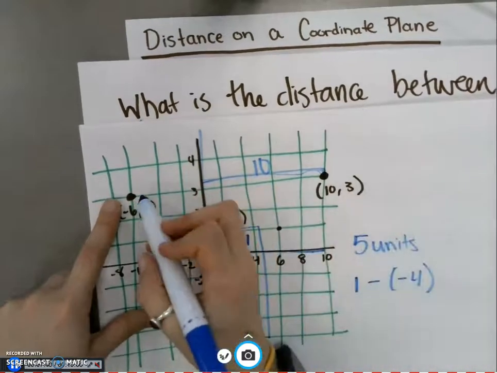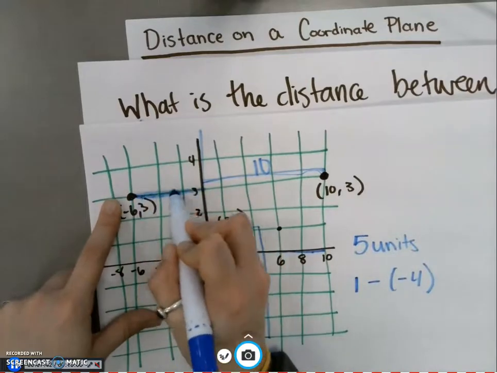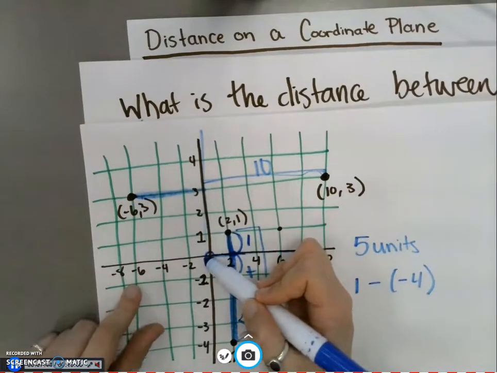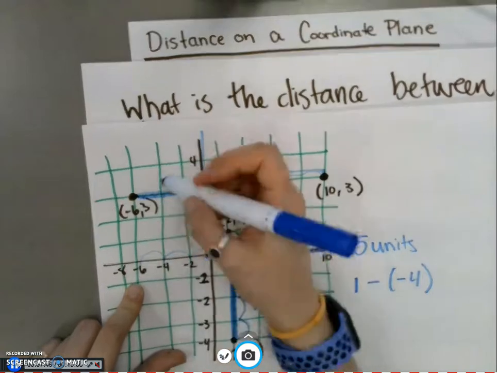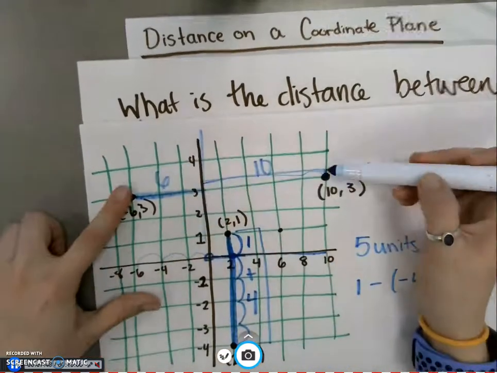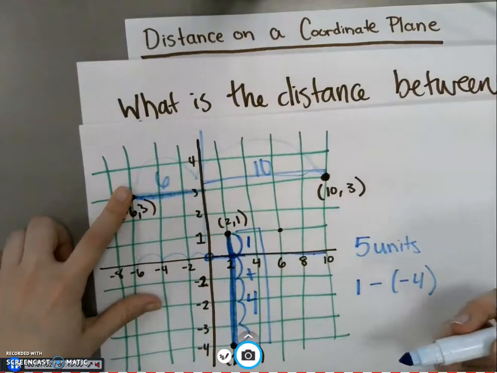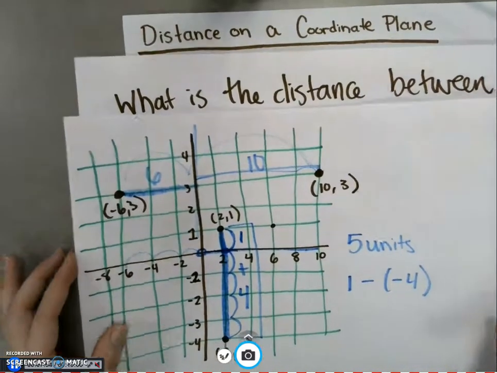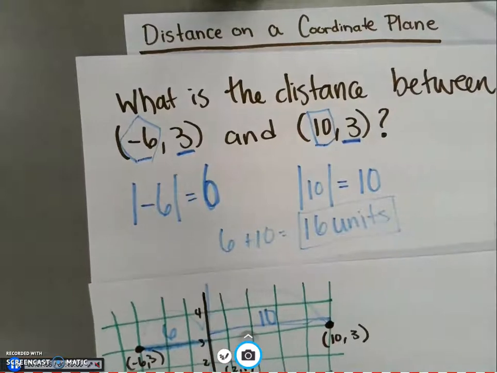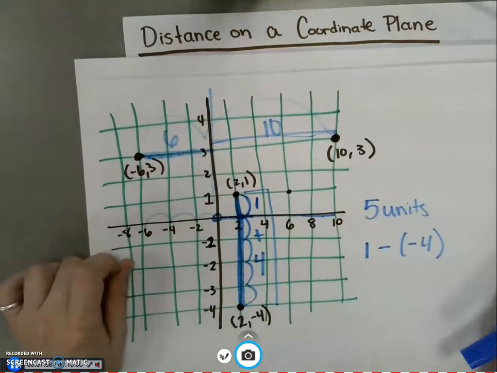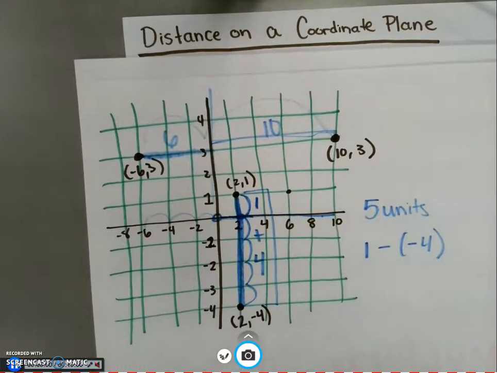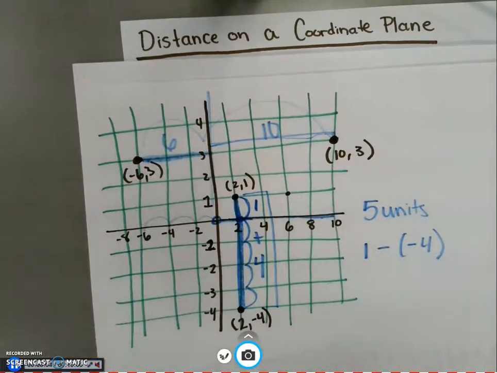And right here, to get from 0 to -6, look at your interval, you have to go 2, 4, 6 spaces. The distance from here to here is going to be 6 spaces and another 10 spaces, add them together, 16. So whether you can do it just like this, or you want to draw yourself a graph, both ways will work and help you find distance across an axis.